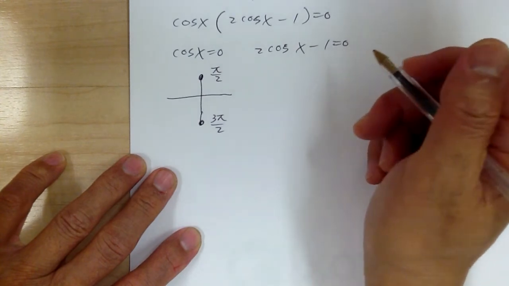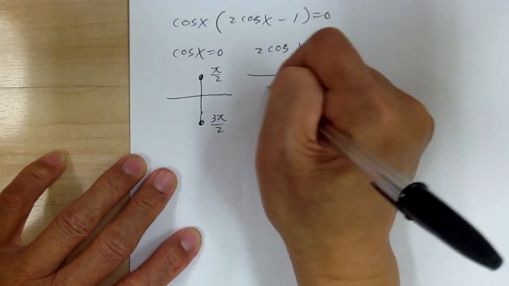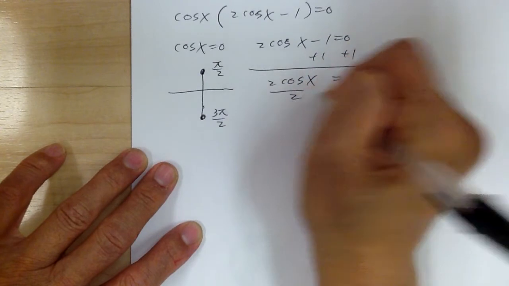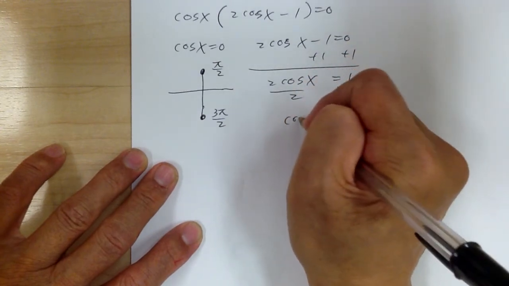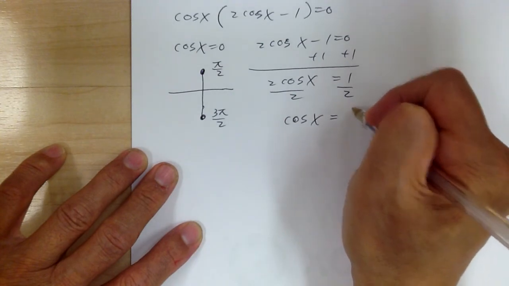Okay. Now for this one, you plus 1 on both sides. So you get 2 cosine x equal to 1, divide by 2, divide by 2. So you got cosine x equal to 1/2.